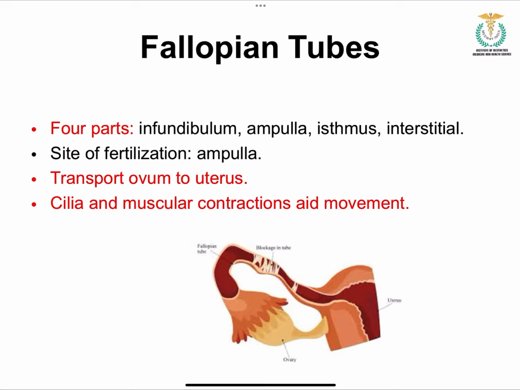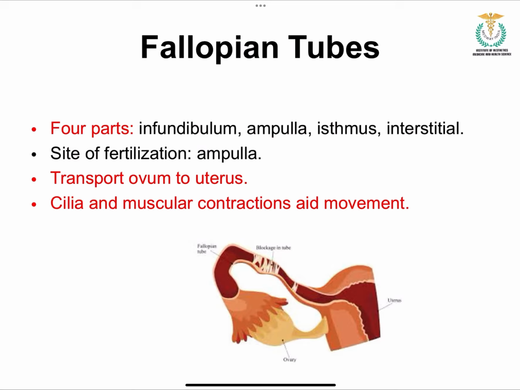And in a few pregnancy cases you can see ectopic pregnancies in the fallopian tube. So this is what clinically happens in the fallopian tubes. And talking about the parts, there are four parts: infundibulum, ampulla, isthmus, and interstitial. As I have mentioned, the site of fertilization is the ampulla, and the fallopian tube transports the ovum to the uterus.